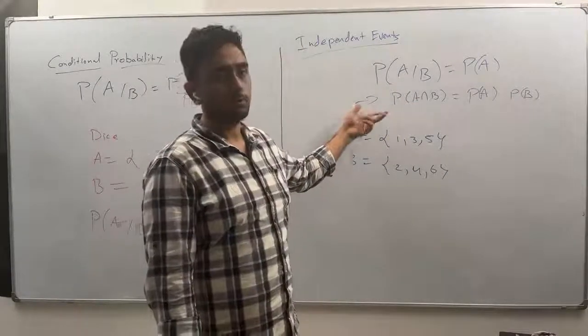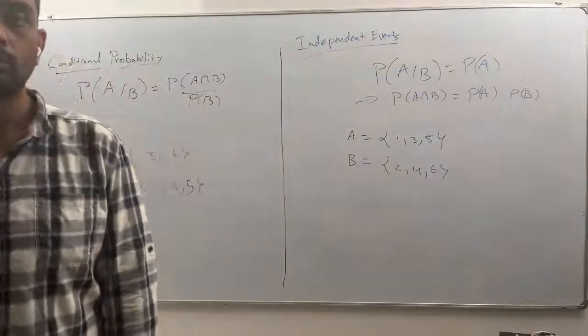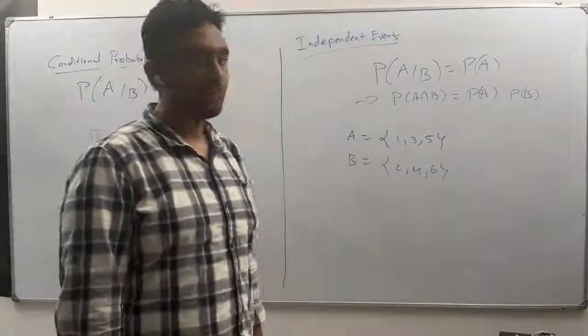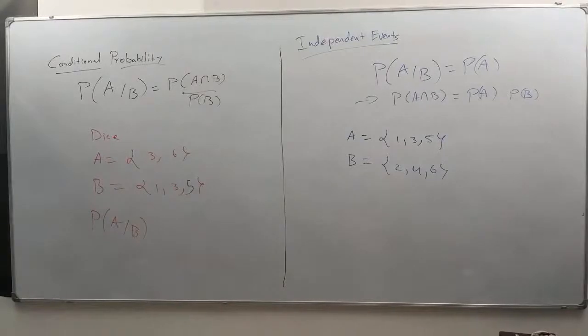The second one is the standard formula. Probability of A intersection B should be P(A) into P(B); only then they will be independent. So that is what we talk about in conditional probability. If this happens, then we call the events independent.